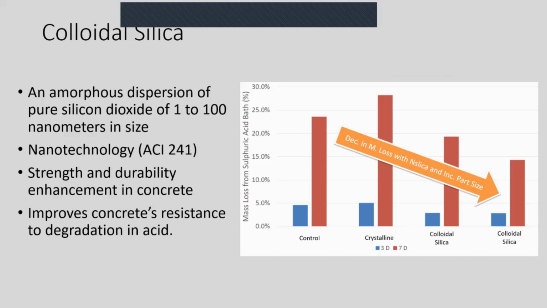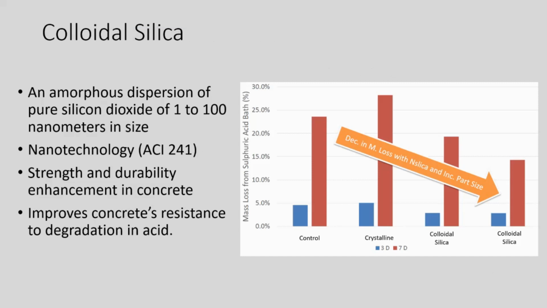I also want to take note that colloidal silicas, while there's not a lot of science on this yet, have been known to reduce corrosion in sulfuric acid. These are products that are pure silicon dioxide, and they are in the range of 1 to 100 nanometers in size. That's about 1,000 times smaller than the human hair.